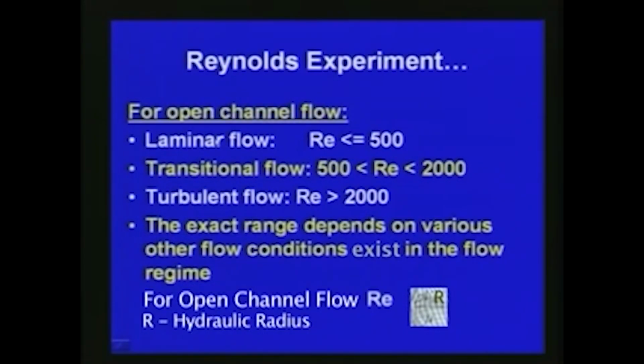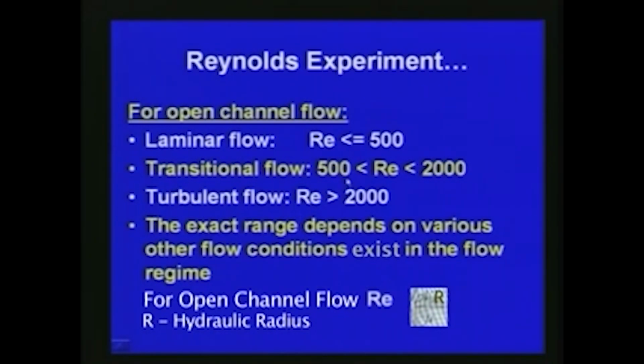In a similar way, if you do experiments in an open channel under various conditions, generally we can say that the flow will be laminar when the Reynolds number is less than or equal to 500, and from 500 to 2000 it may be at a transitional stage, but this can vary slightly. Beyond 2000, open channel flow can be turbulent in nature.